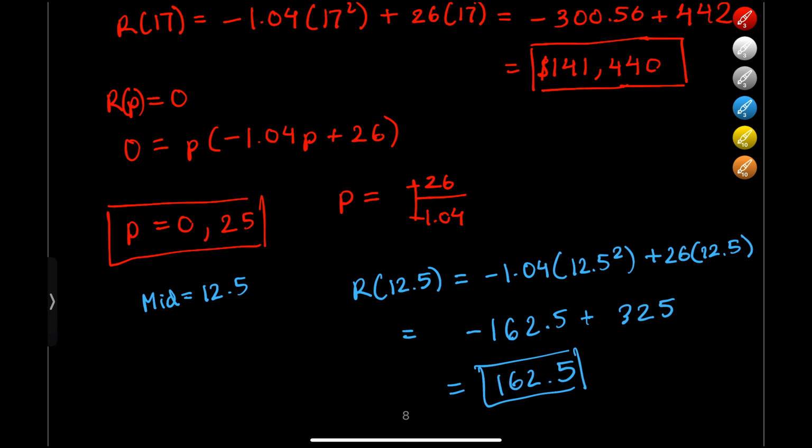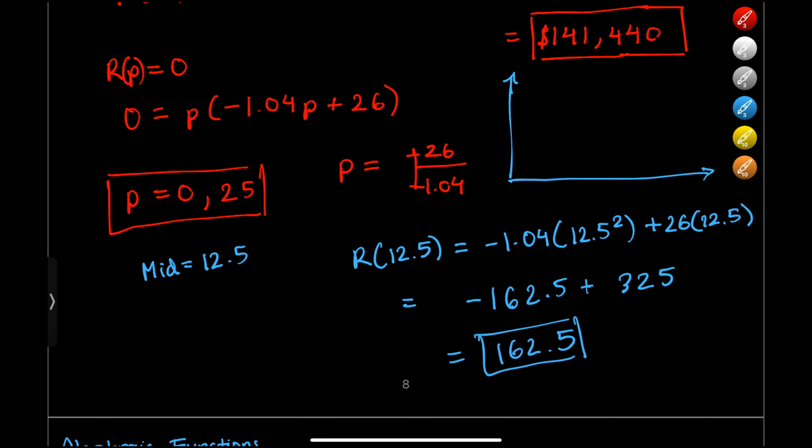And so now let's draw the graph. So in most real-world scenarios, you'll only need the first quadrant for your graphs. So I'm going to do that. And we know that our first x-intercept is at 0 and a second is at 25.